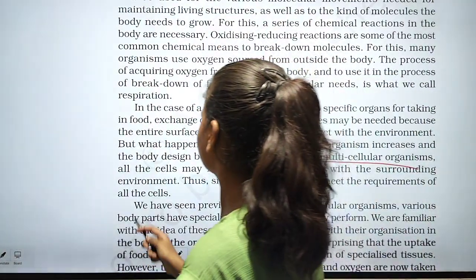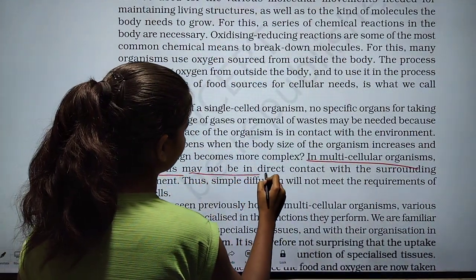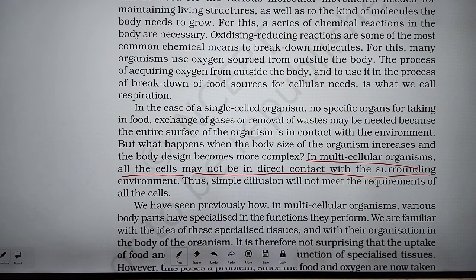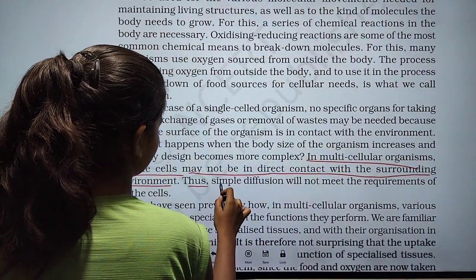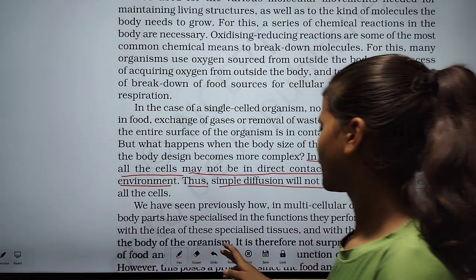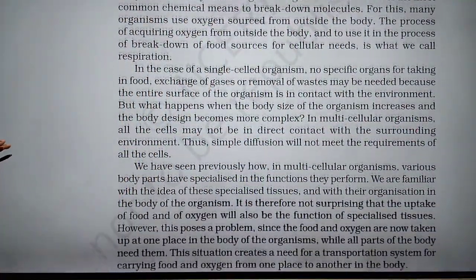In multicellular organisms, all the cells may not be in direct contact with the environment. Thus, simple diffusion will not meet the requirement of all the cells.